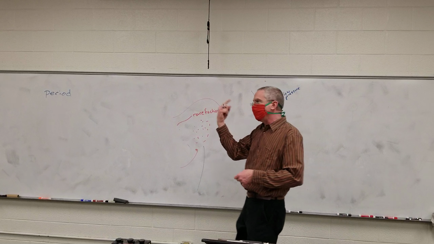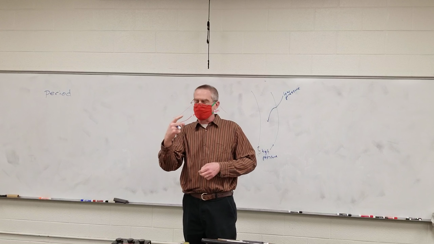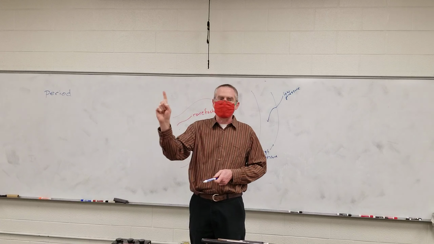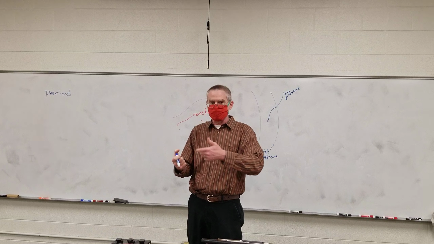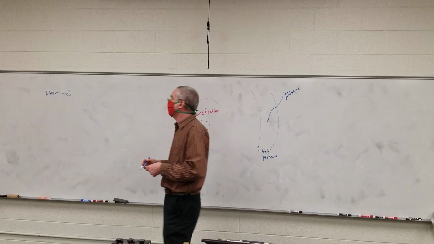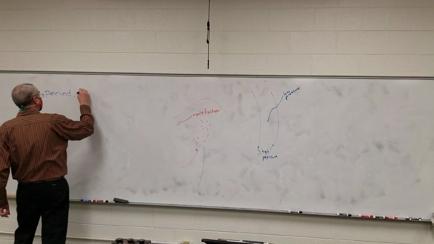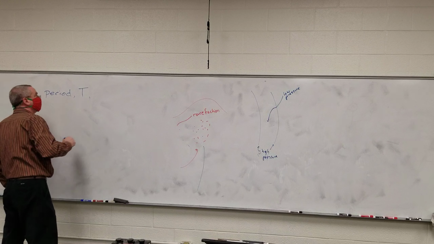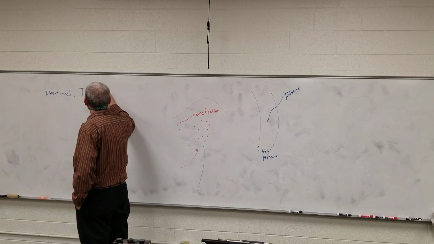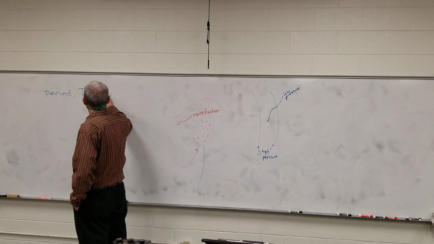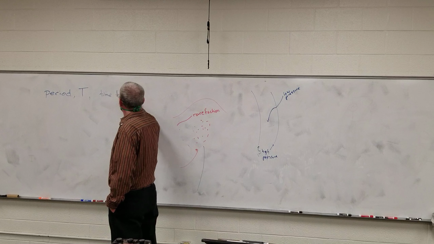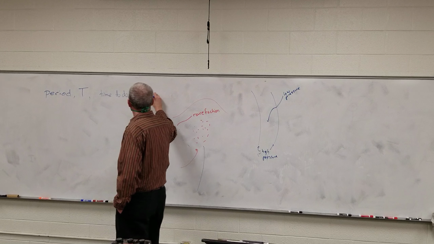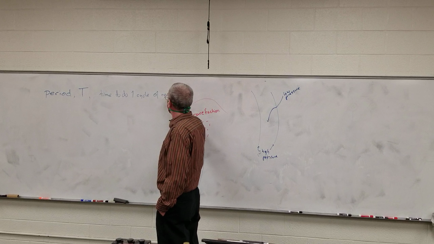So when you were swinging the stopper around for the centrifugal motion lab, the period was how long it took for it to go around once. So you timed it 20 revolutions divided by 20, and then you figure out the period. The symbol for period is a capital T. It is the time to do one cycle of repetitive motion.